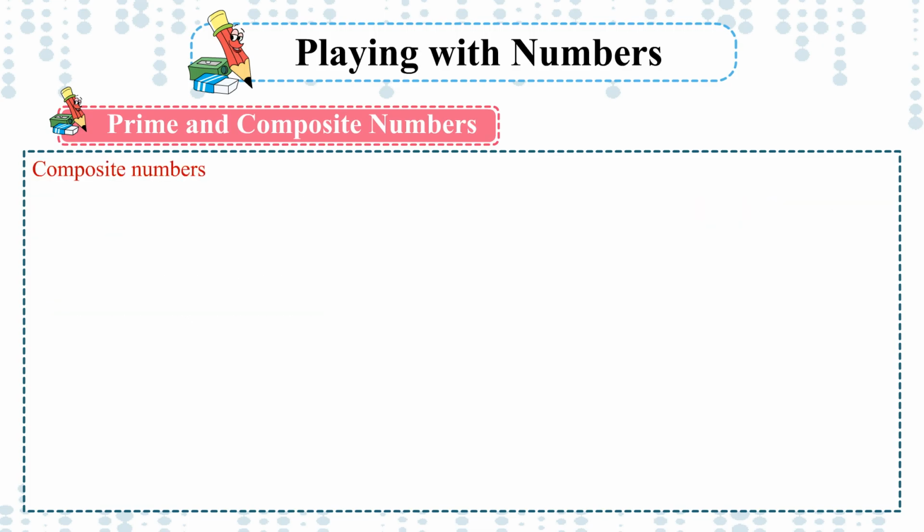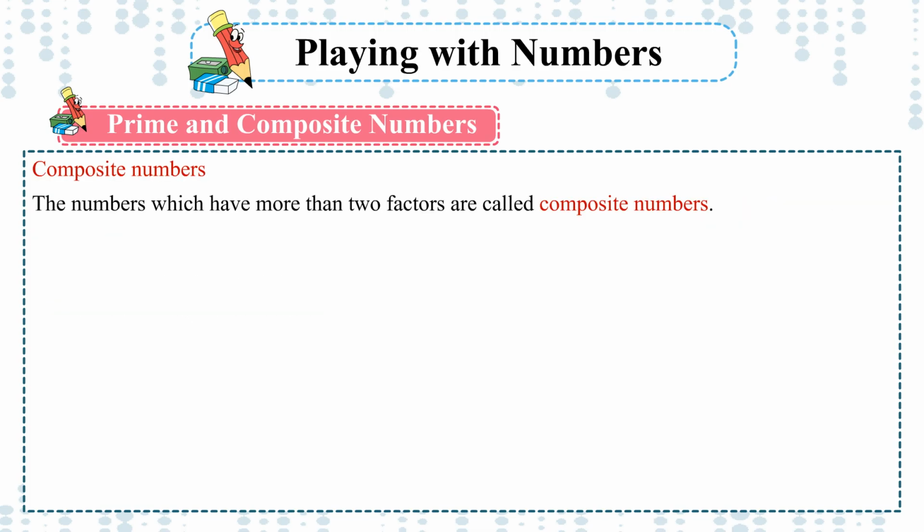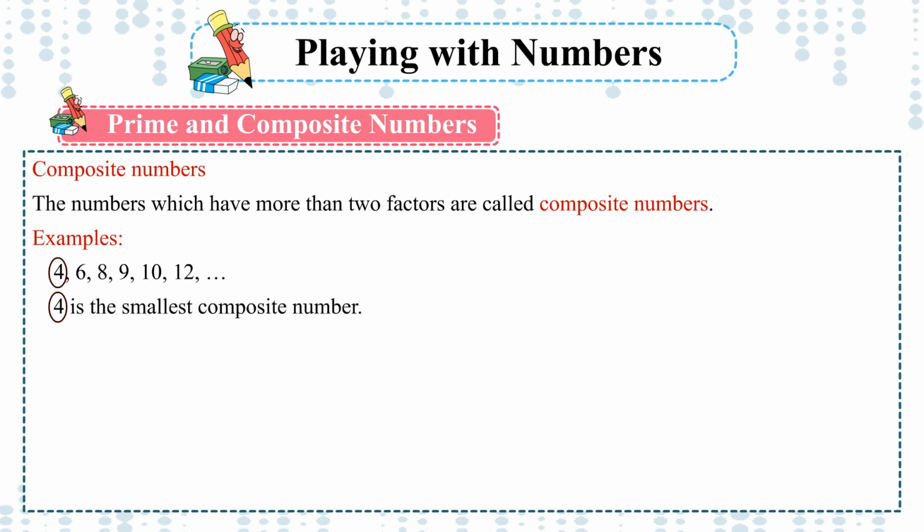Composite numbers. The numbers which have more than 2 factors are called composite numbers. Examples: 4, 6, 8, 9, 10, 12. 4 is the smallest composite number.